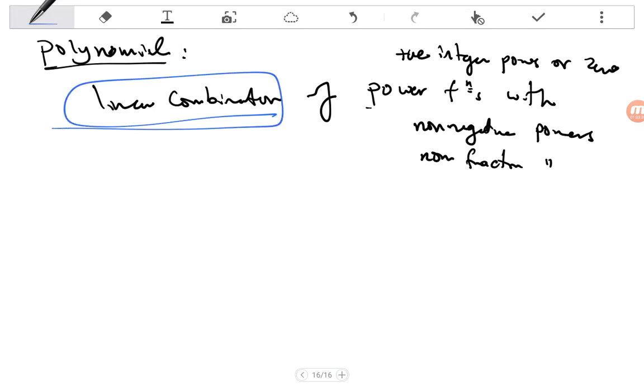Linear combination in mathematics is a very important concept. A linear combination means to multiply by some scalar and make addition or subtraction.